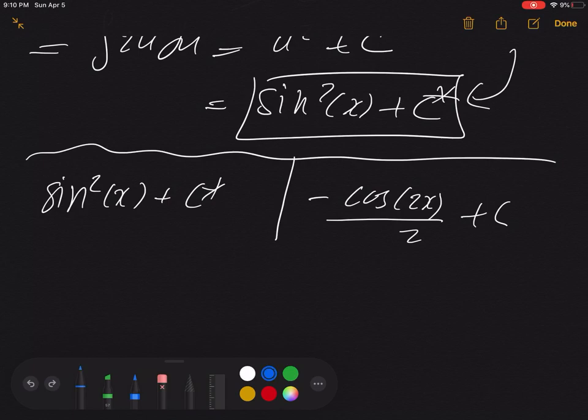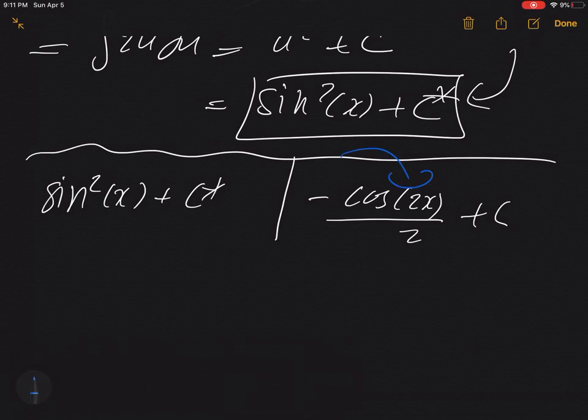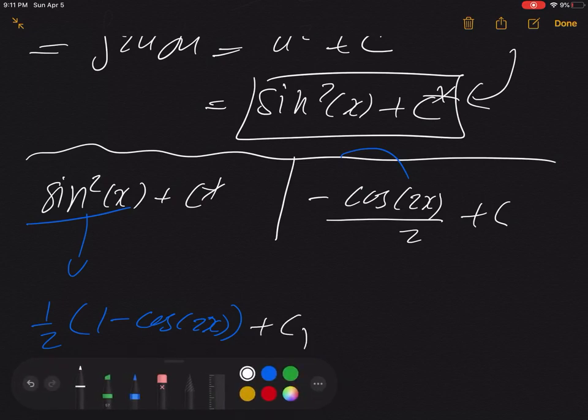You are seeing here sine squared, and you may think that the best way is to get rid of the square, because there is no square there, which is the correct way. Sine squared, according to a well-known identity, is just equal to half of 1 minus cosine of 2x, of course, plus that c star.